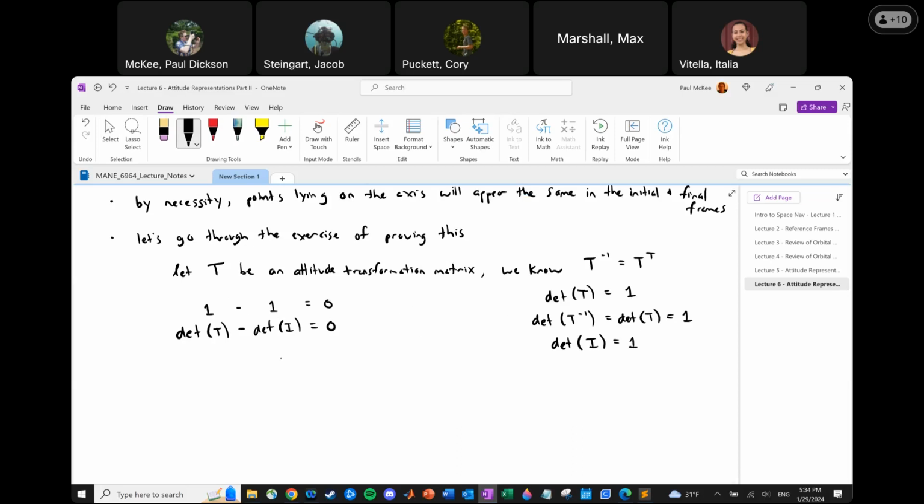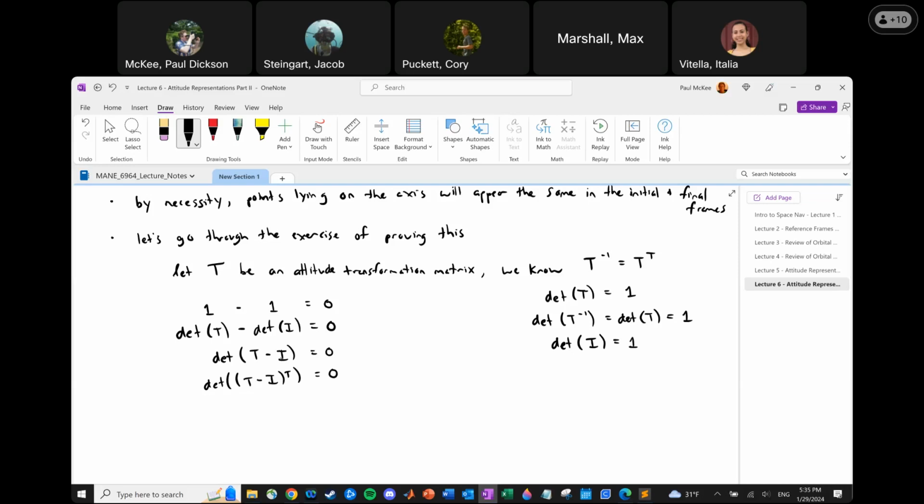Okay, hopefully everybody's convinced about that so far. Now here comes the sleight of hand. This means that the determinant of T minus I has to then also be 0. And then it must be the case, by the law of matrix math, that the determinant of (T minus I) transpose has to also be 0, because if you take the transpose of a matrix, that doesn't change its determinant, right?